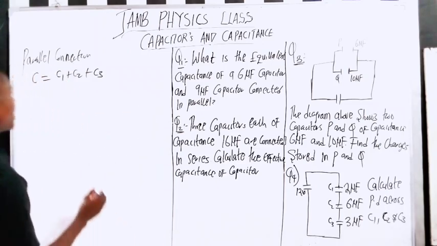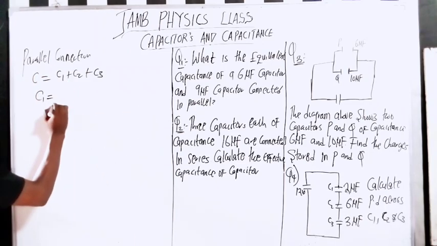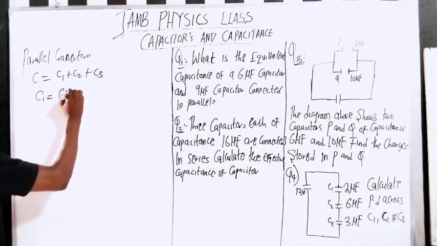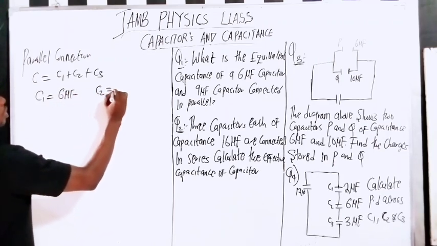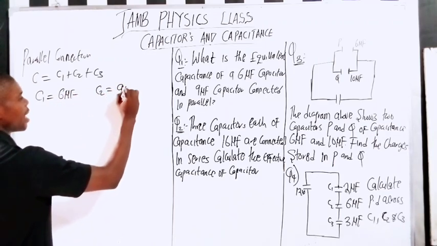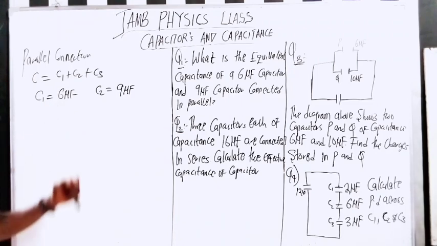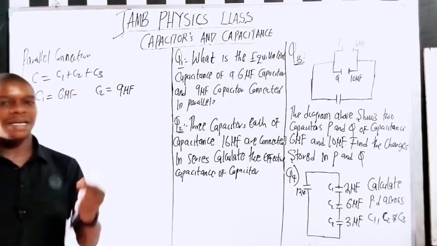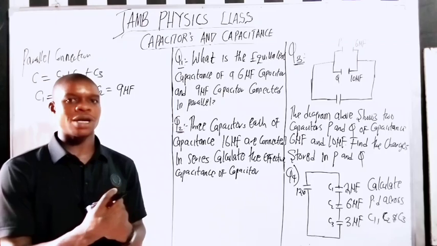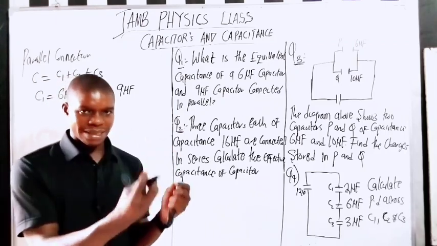So my C1 is 6 microfarad. C2 is 9 microfarad. So you are adding the two of them together. When capacitors are connected in parallel, you add them together to get your combined capacitance.